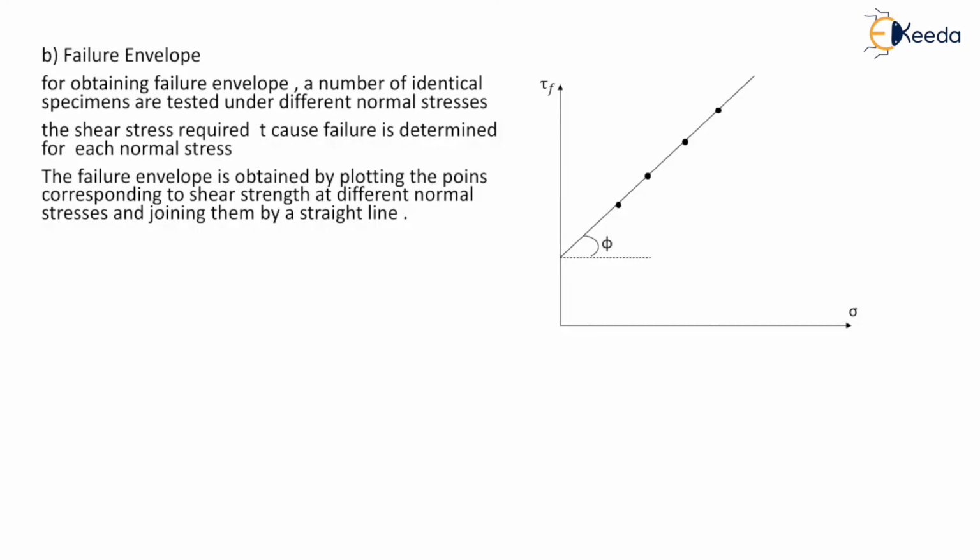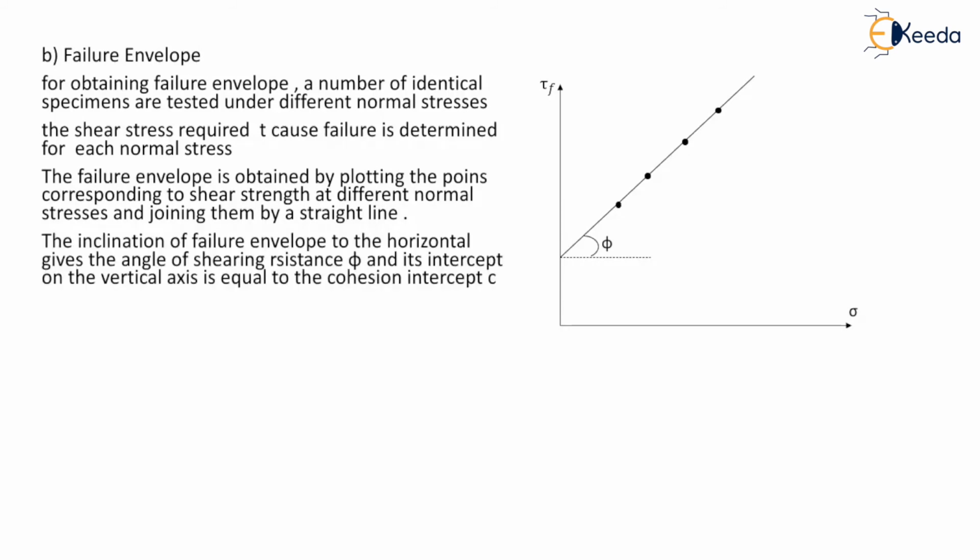The failure envelope is obtained by plotting the points corresponding to shear strength at failure for different normal stresses and joining them by a straight line. The inclination of failure envelope to the horizontal gives the angle of shearing resistance phi, and its intercept on the vertical axis is equal to the cohesion intercept C.